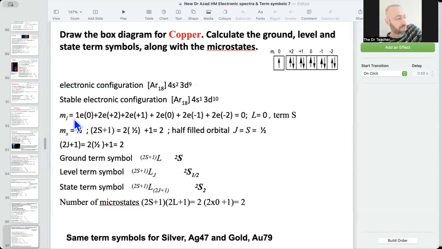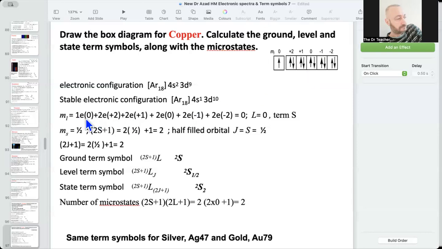So ML is 1 times 0. This is the first time you experience such an example. In the case of copper, you can transfer one electron to the d orbital to fill it and one remains in s. So when you count ML, you have to count for both orbitals.